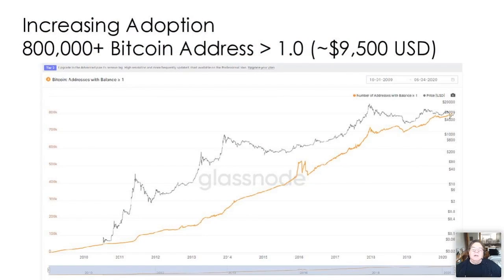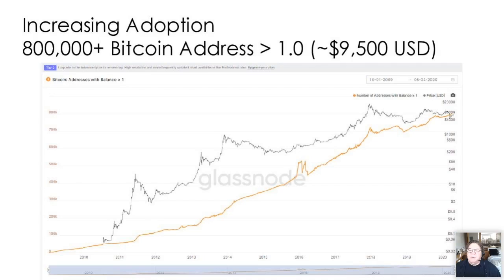It's also increasingly adopted. This is a graph from the web service I mentioned called Glassnode. And the black line is the price. You can see that going up and down, although the general trend has been up. But more importantly for this purpose, the gold line goes up and to the right with very few blips.